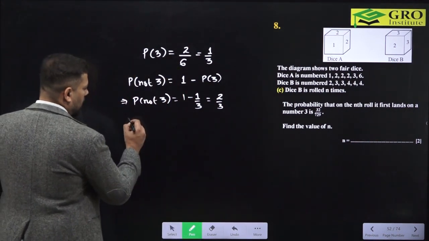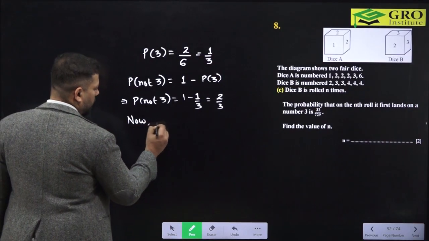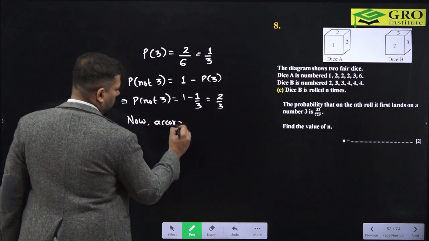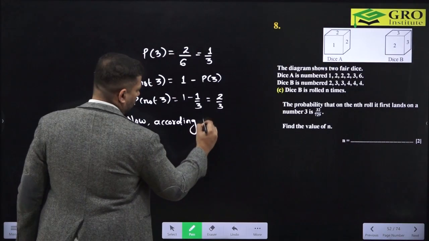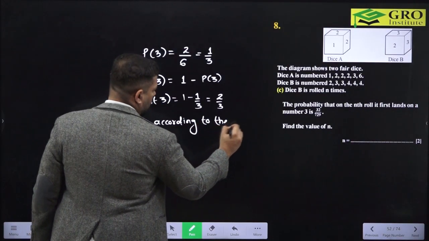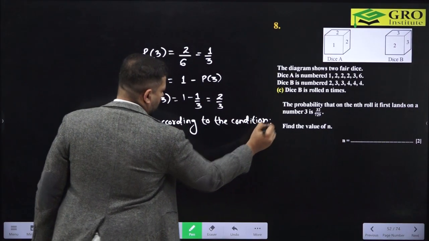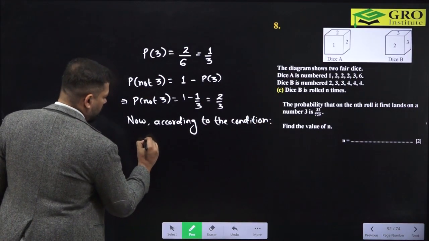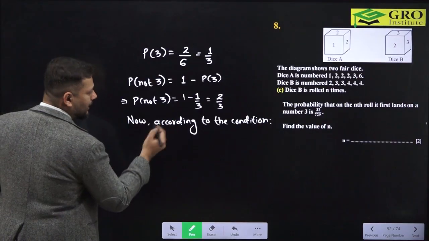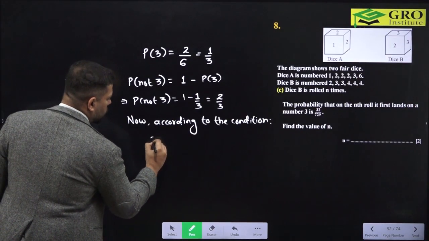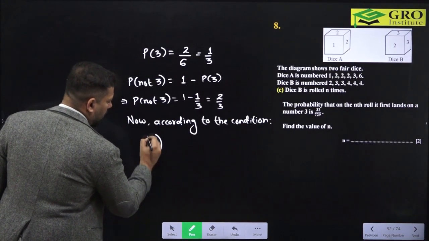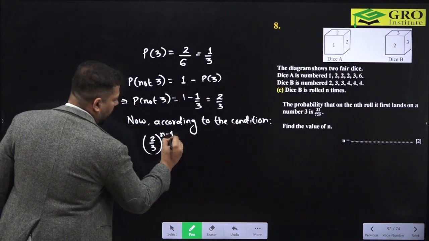So let us write now. According to the condition, we will write probability of not getting a 3, that is 2 by 3 raised to power n minus 1. Why?